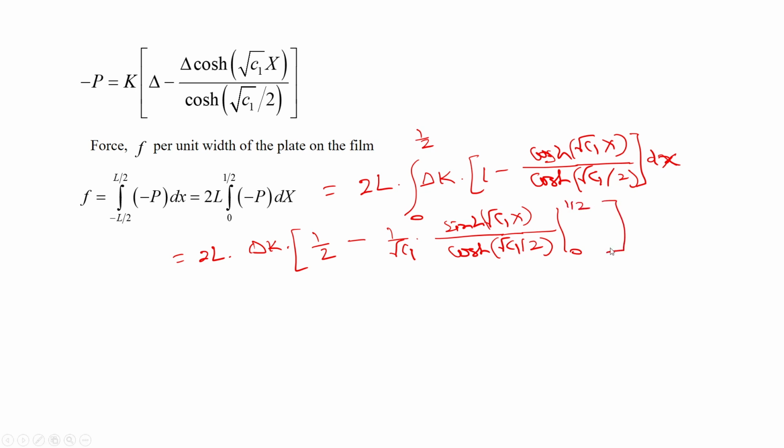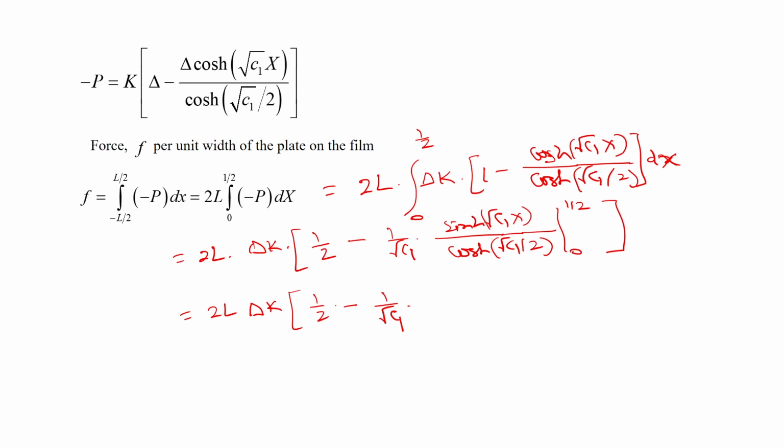The 1 by square root of C1 comes because of the integration. So, this is equal to 2L delta into k, where k, remember, is the bulk modulus, and then this is half and minus 1 by square root of C1, and the half goes.